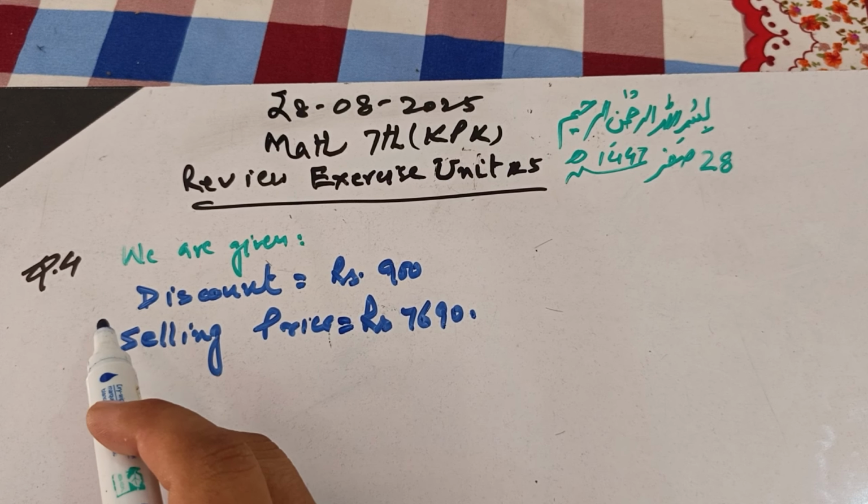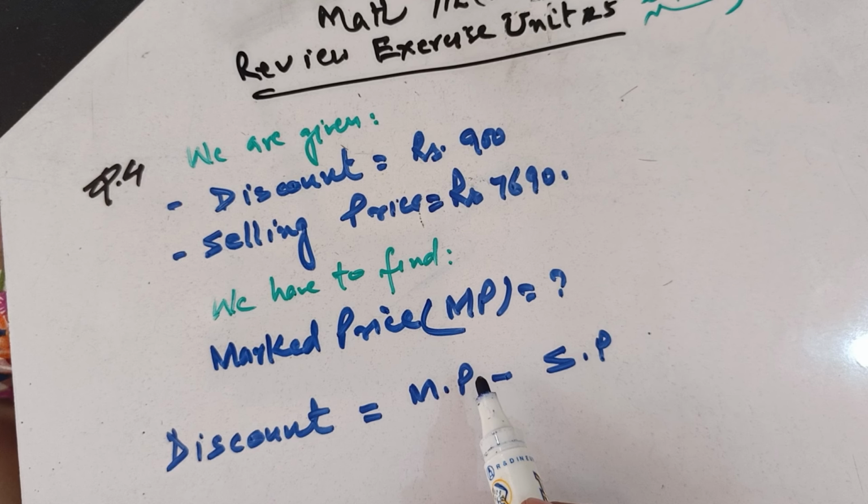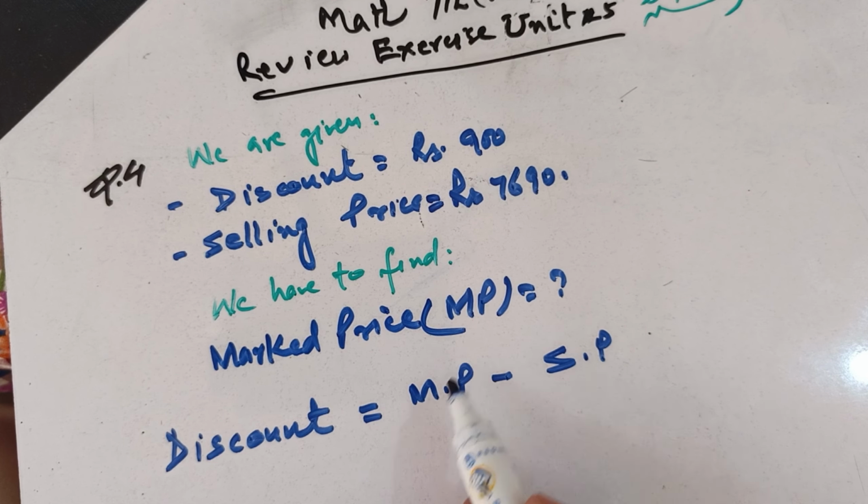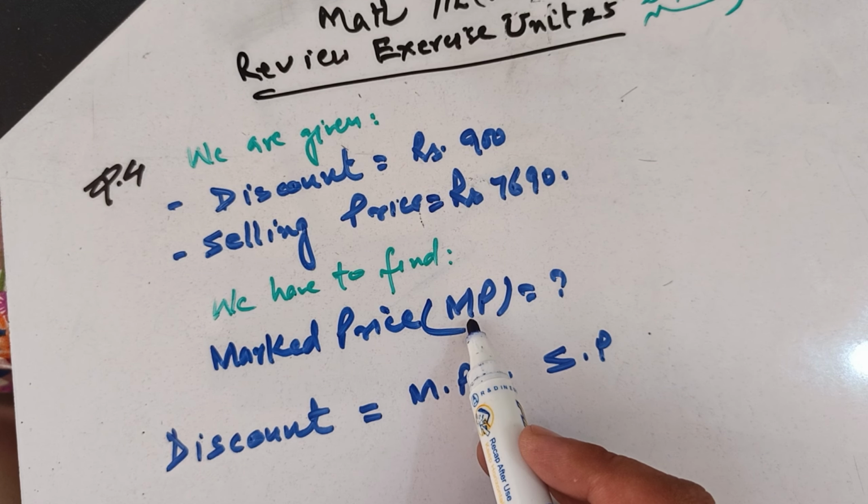We know that discount is equal to mark price minus selling price. And what is mark price? Yes, it is the written price on any product.